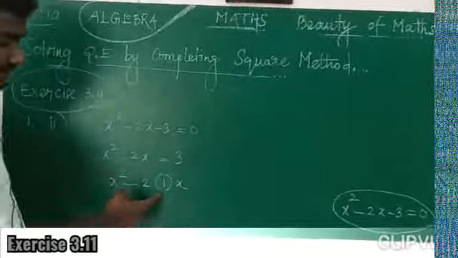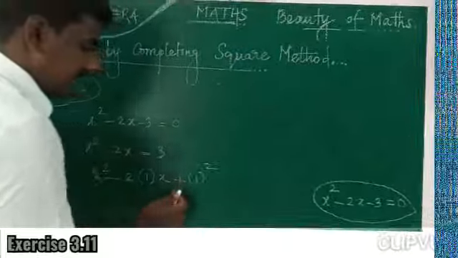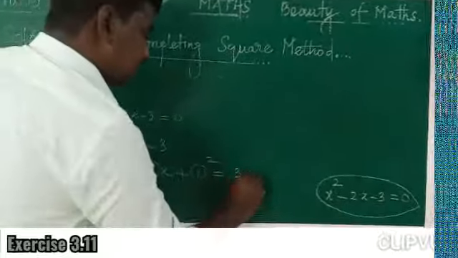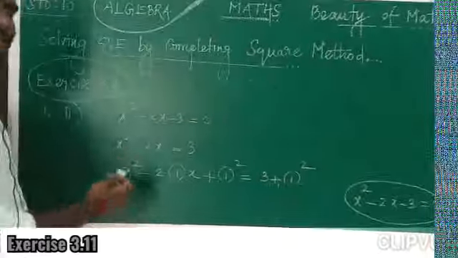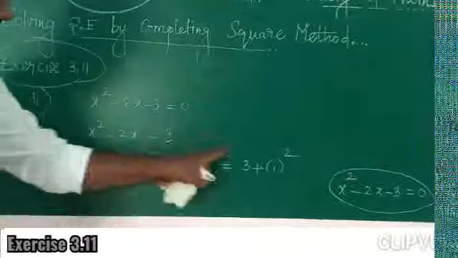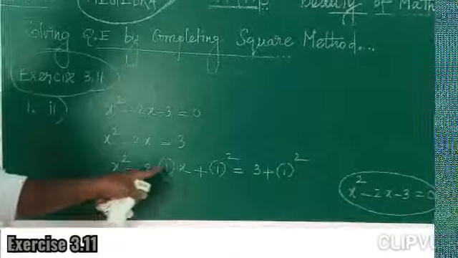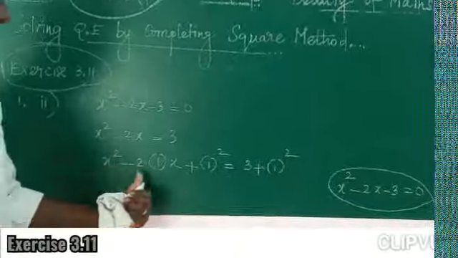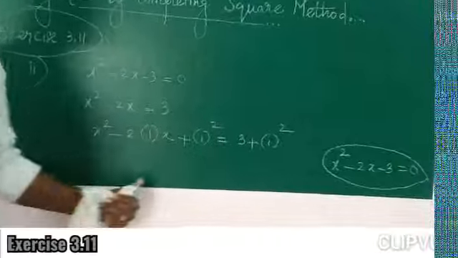Half of the coefficient of x is 1, so its square is 1 square. We added it on the left hand side, and on the right hand side also, so 3 plus 1 square. Why did we do this operation? Because this entire term will become a completing square. If you write it in the form 2 into 1 into x like that, it becomes a completed square.